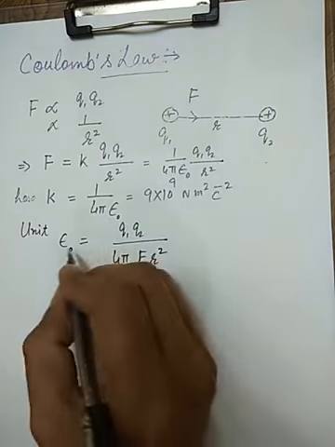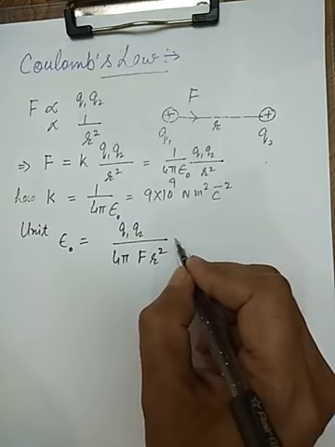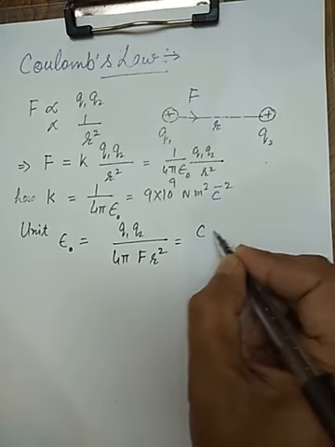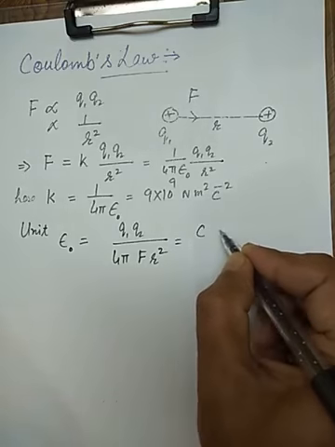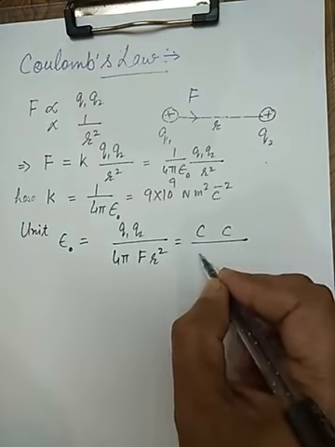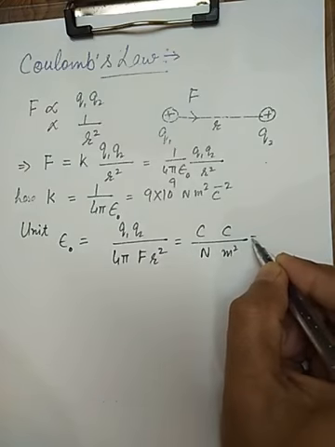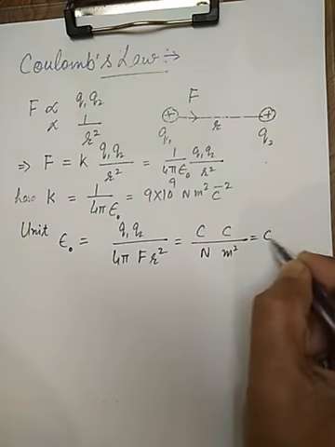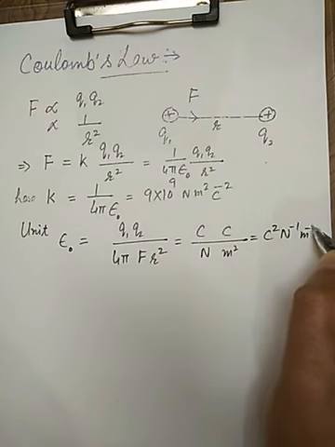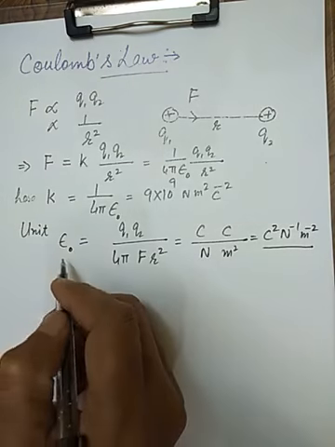Charge is expressed in the SI system in coulomb, notation C, 4 pi is constant, F in newton, distance in meter square. So it becomes coulomb square per newton per meter square. This is the unit of epsilon naught.